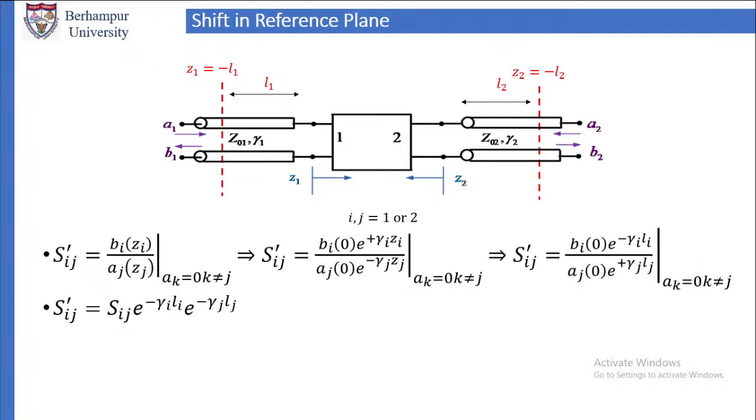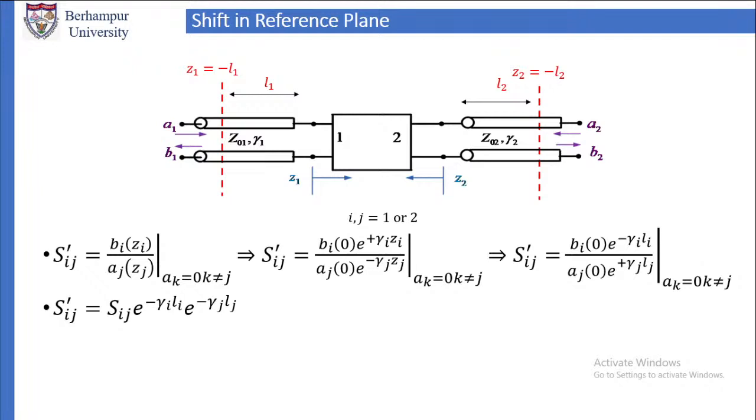So it remains exponential minus gamma i Li, and in the denominator you have exponential gamma j Lj. Now 1 by exponential gamma j Lj is equal to exponential minus gamma j Lj. So Sij dash is equal to Sij into exponential minus gamma i Li into exponential minus gamma j Lj.